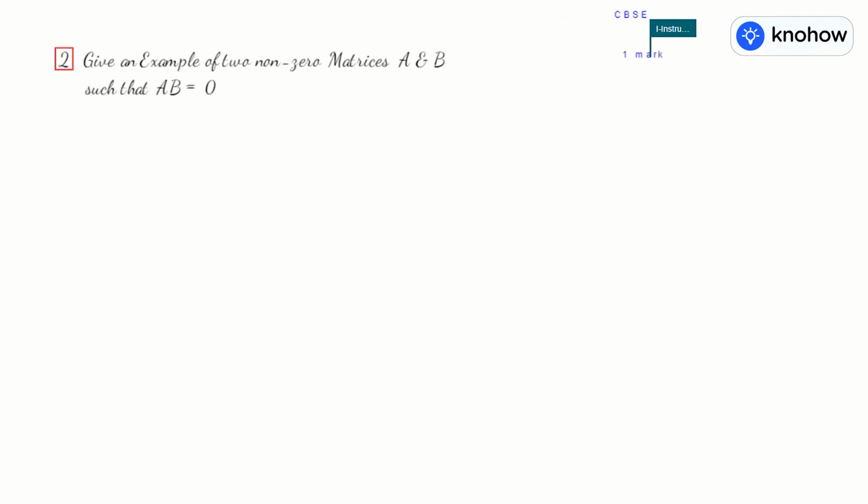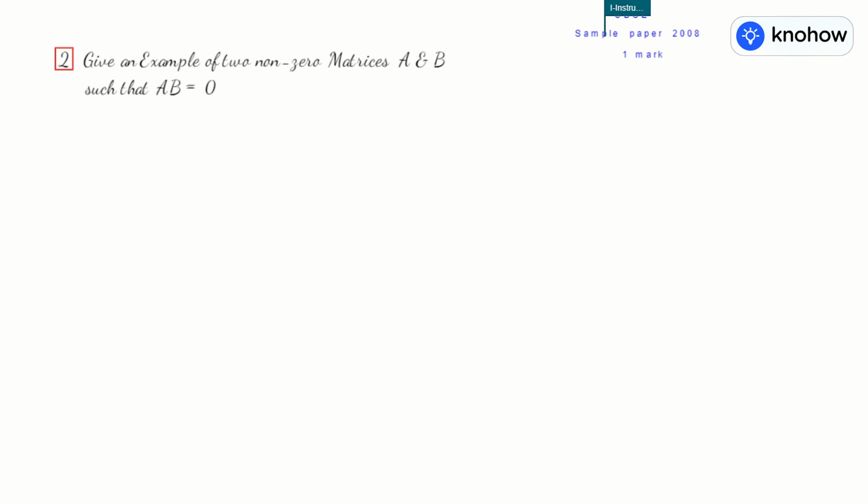Take it as a question: give an example of two non-zero matrices A and B such that their product is a zero matrix. See, this question is there in the CBSE sample paper. This is a 1 mark question in the CBSE sample paper for 2008.